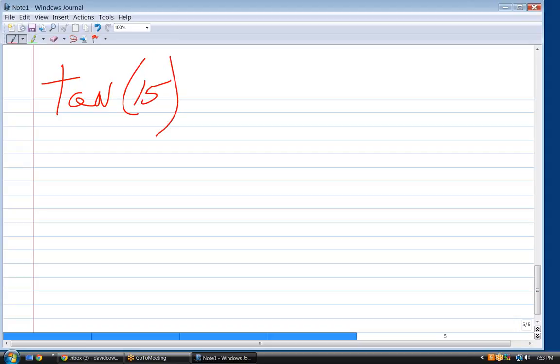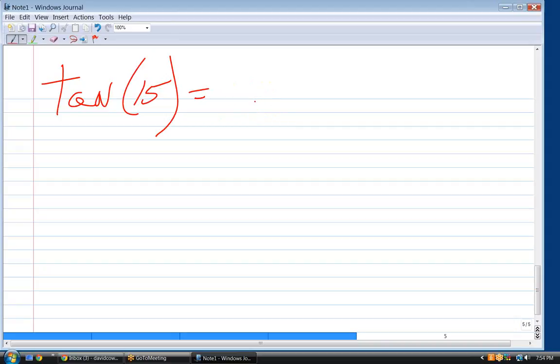Just a second here. I don't do tangent very often, so I don't have that memorized right off the get-go, but since tangent is sine over cosine, you could actually say it's the sine of a plus b over the cosine of a plus or minus b.